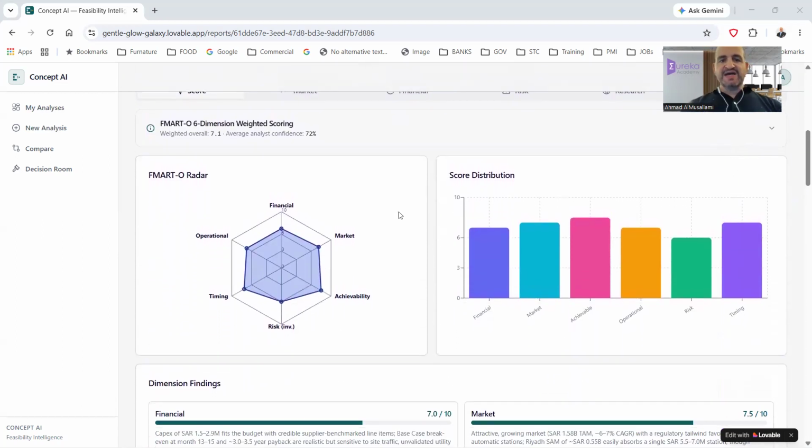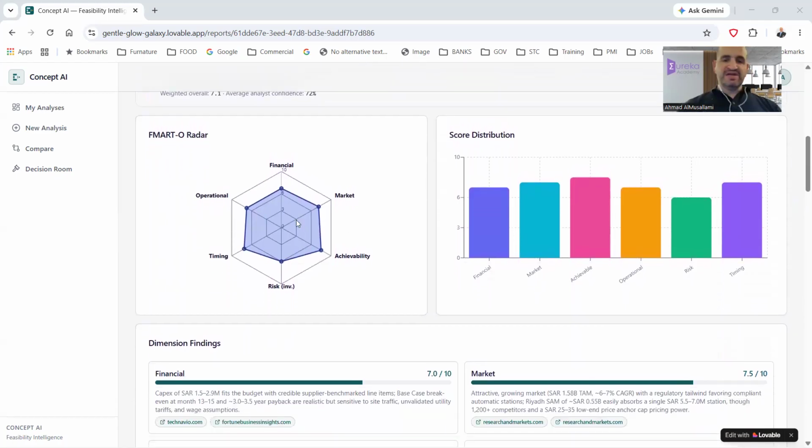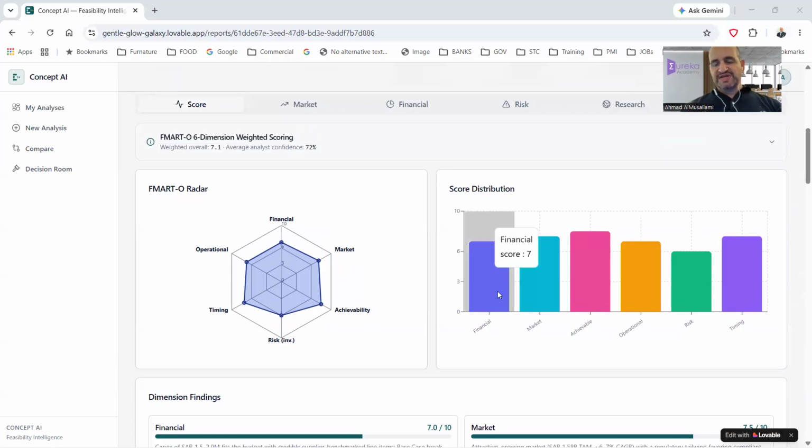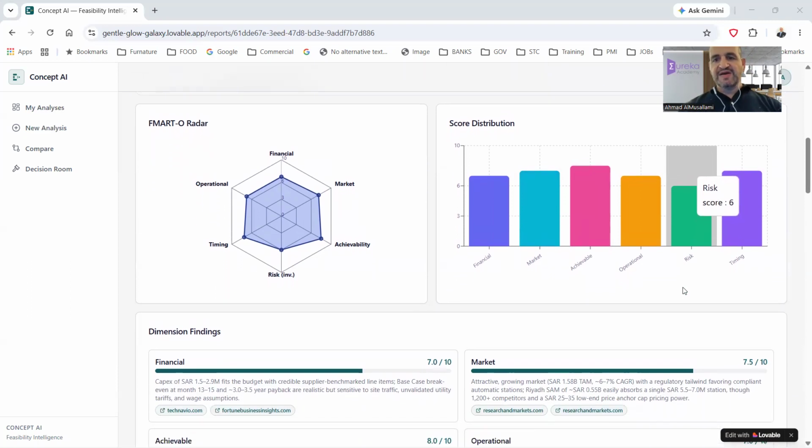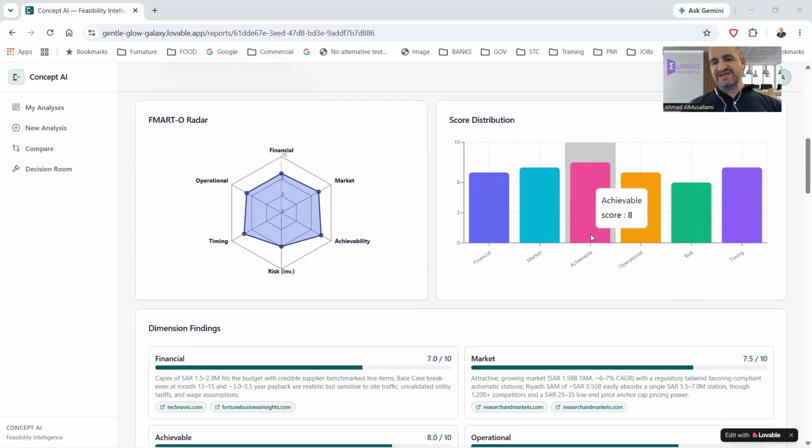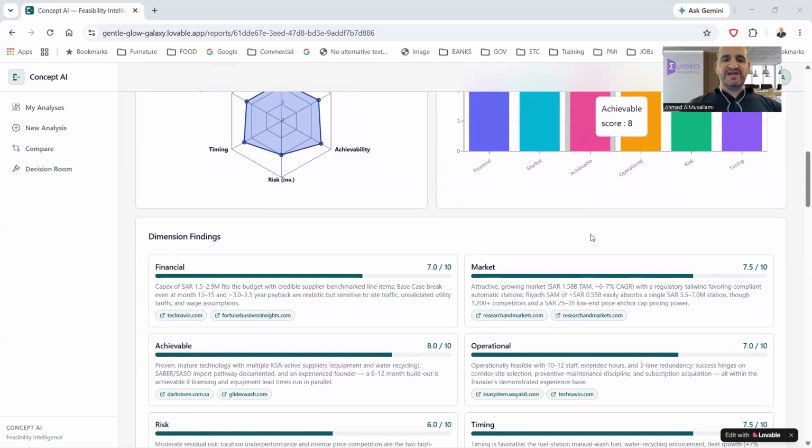So yes, here are the evaluation dimensions. The financial, the market, achievability, risk, timing, and operational as well. So these are our scores that all together will make the 7.1. Here it seems that in the risk factor we're not doing very well, while in achievability, yes, it is proven and achievable.